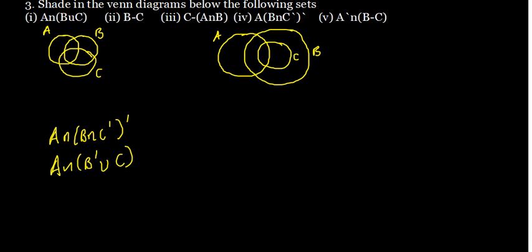Now firstly I'm going to shade B complement union C. Now B complement union C is different from B complement intersection C. B complement union C, let me shade B complement first. Everything outside B, that's our B complement.